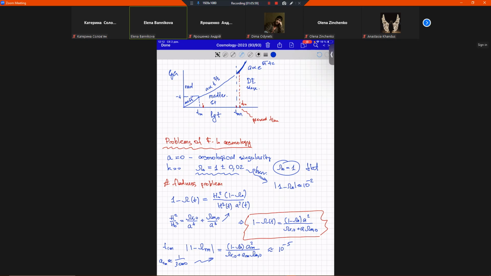Because for 1 minus omega 0 we can put the modulus, this is 10 to the minus 2, and we can put all the values we know.